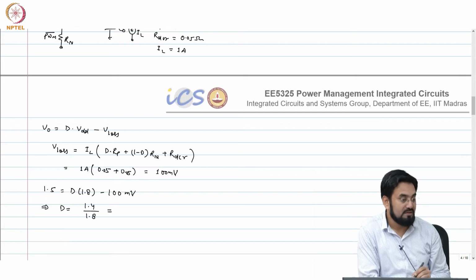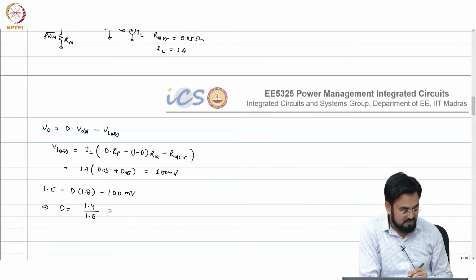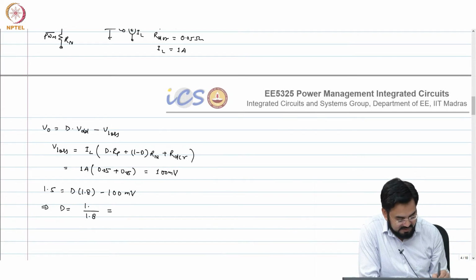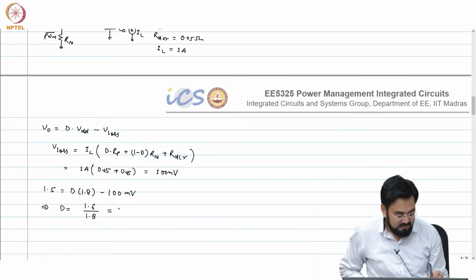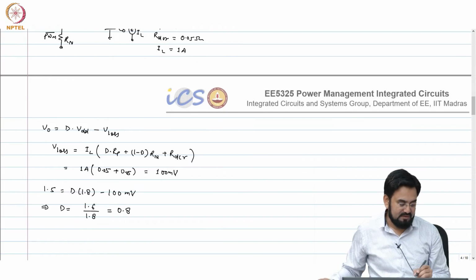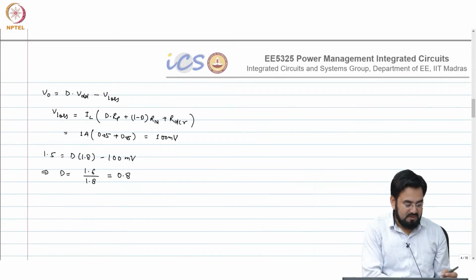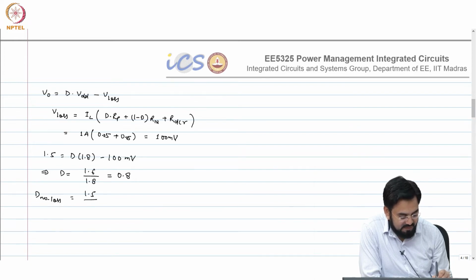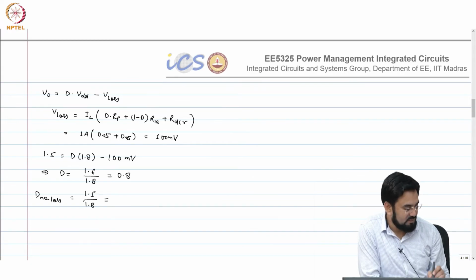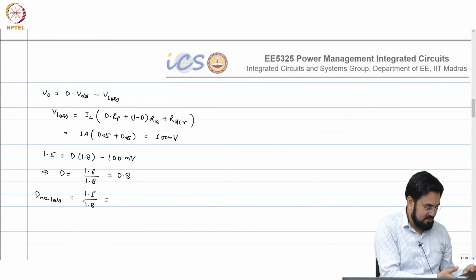How much is this? 0.89. Okay. So, D no loss will be nothing but 1.5 over 1.8. How much is this?